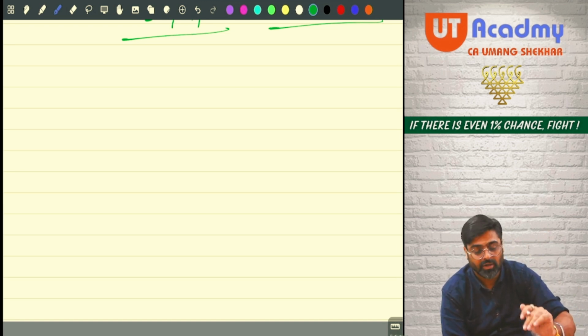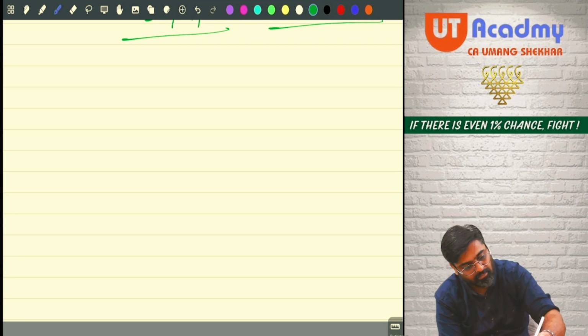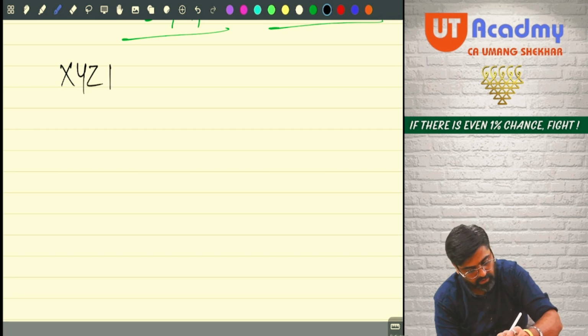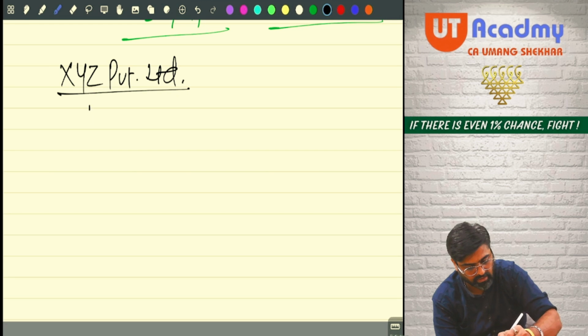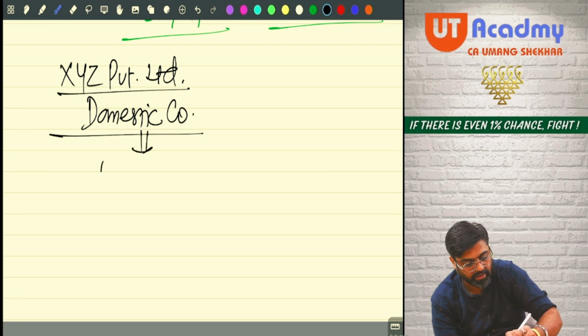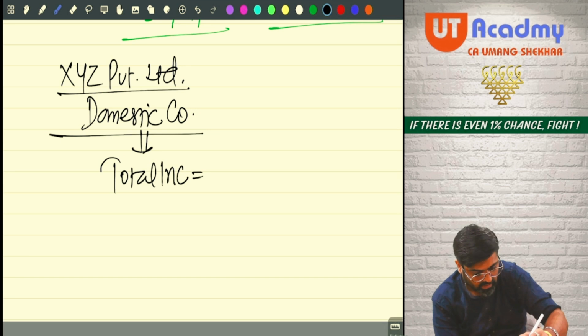Right or no? So for example, if there is a company, the name of the company is XYZ Private Limited. This is a company, and for example, this is a domestic company. And this company is having a total income in this year amounting to rupees 1 crore 3 lakhs.